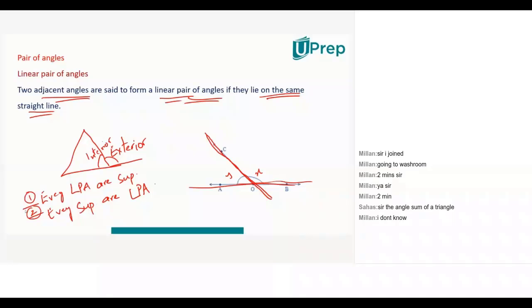Every linear pair of angles are supplementary angles, but not conversely. That means every supplementary pair need not be a linear pair.